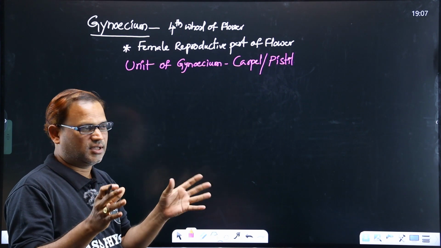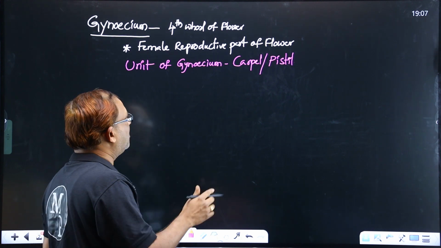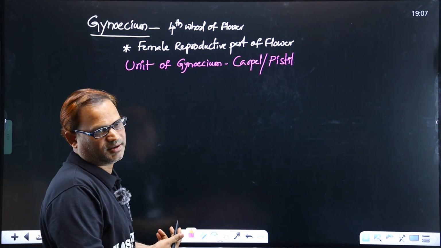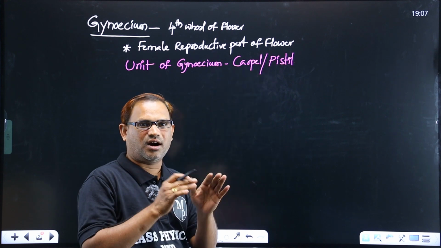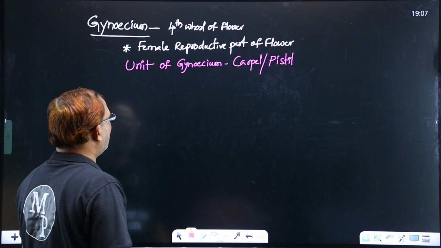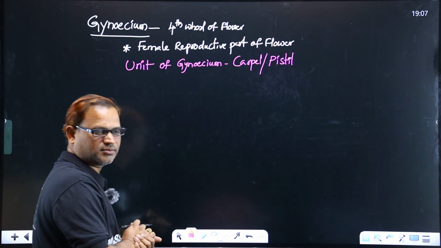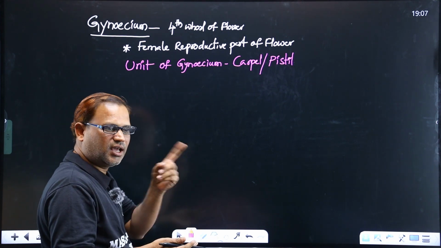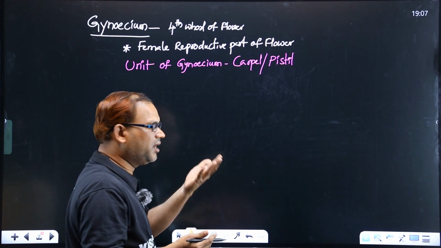Gynoecium consists of a number of carpels. Carpel and pistil are both the same. Right? Now these carpels may be single or many.